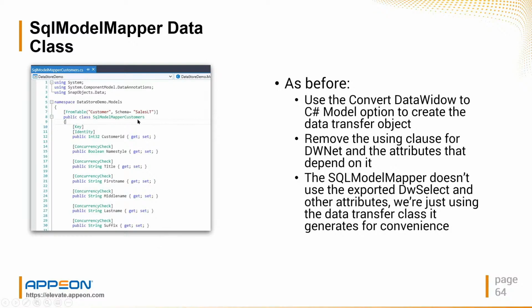Once you've generated that C# class, you can remove the DW.NET using clause, and then anything that shows up as an error because you removed that, because that won't be used or needed when you use the SQLModelMapper.